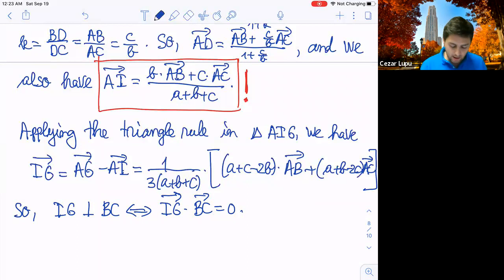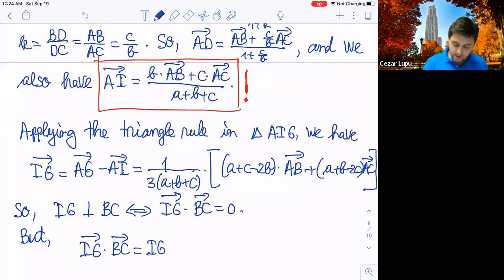There is one more thing here, one more trick. IG vector dot BC vector, this will be nothing else than just IG vector dot BC vector. Well, you can apply the triangle rule: BC vector is nothing else than AC vector minus AB vector.